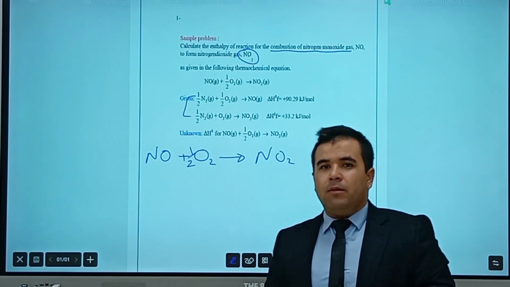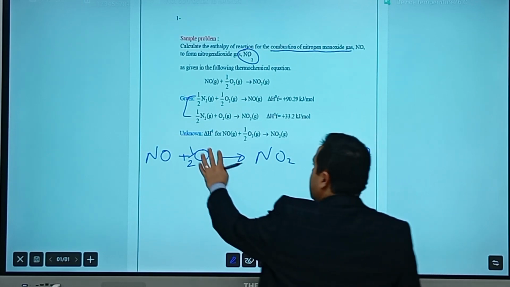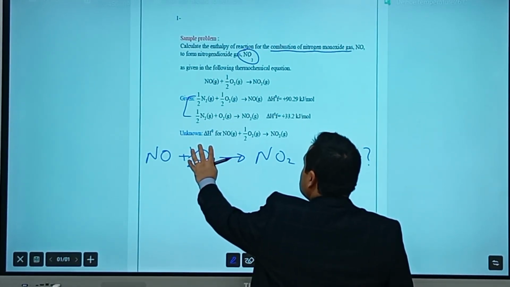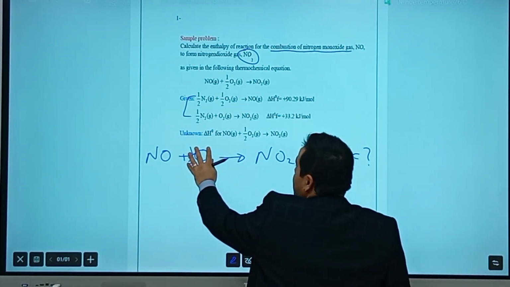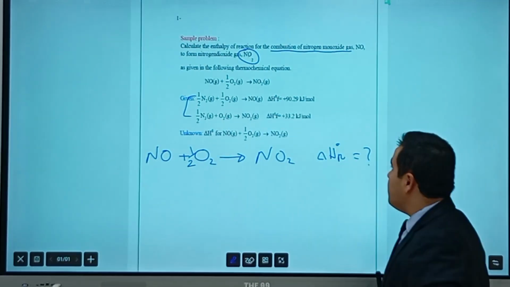There should be the same number of steps as in the reaction. Here, excluding the oxygen, how many compounds or substances do we have? 1 and 2, so 2 steps must be given.